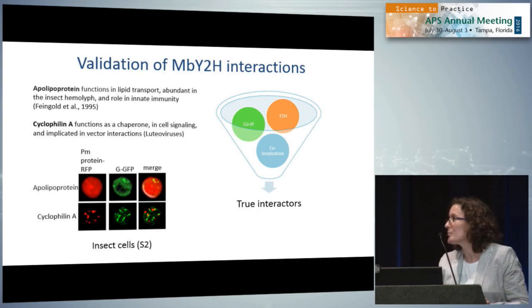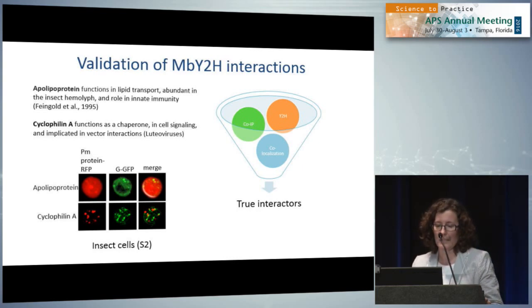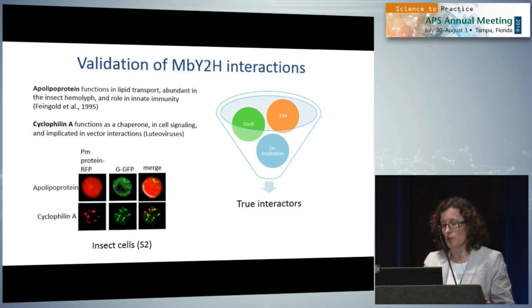The two proteins I'm going to show you today are apolipoprotein, a protein that functions in lipid transport, which in some systems has been found in insect hemolymph and in other systems has a role in innate immunity. Another interesting protein we pulled out was cyclophilin A, a chaperone involved in cell signaling that has also been implicated in virus movement in other arthropod vectors.